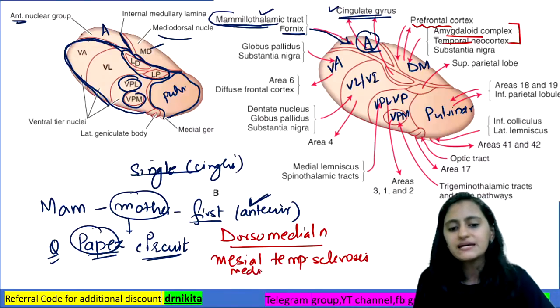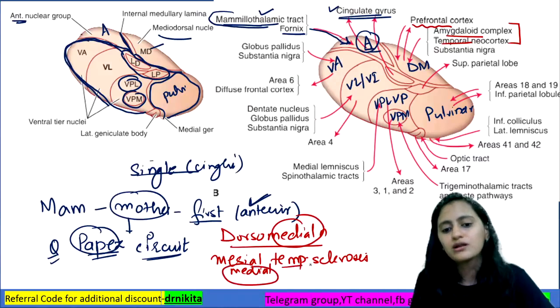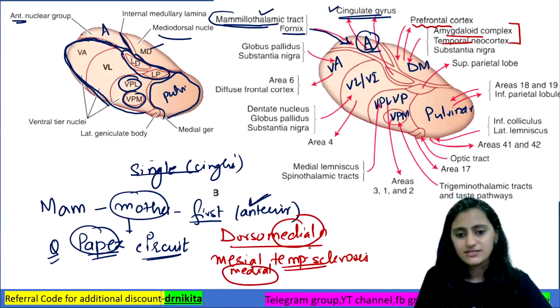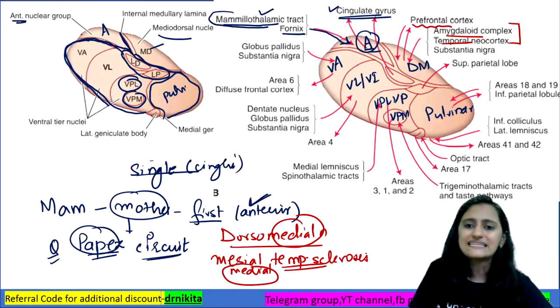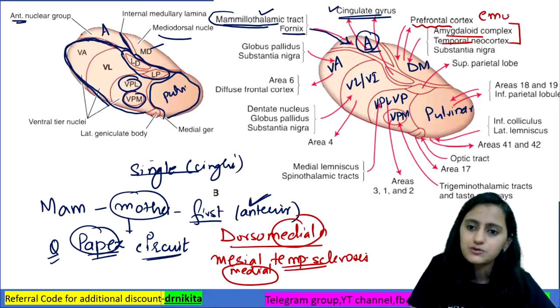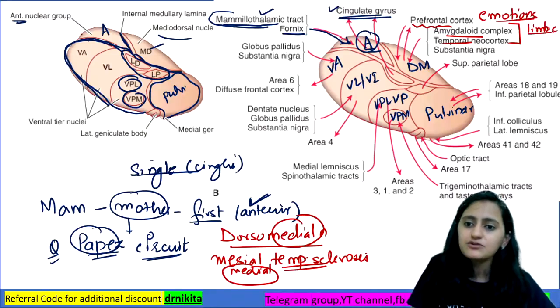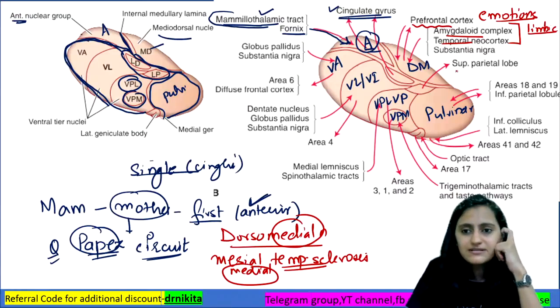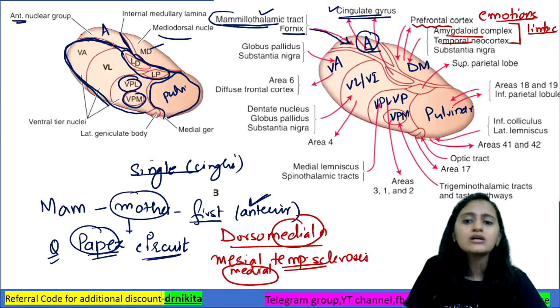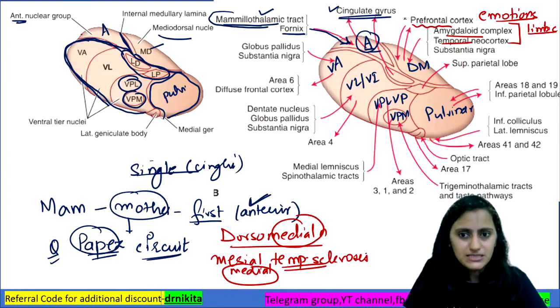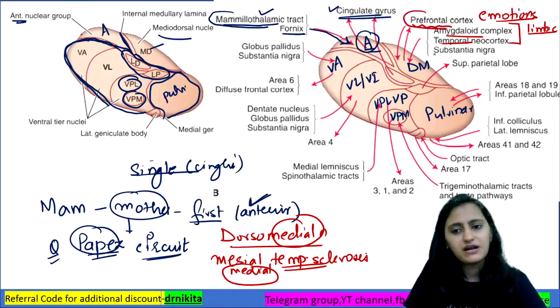Medial means the temporal lobe, that is medial temporal sclerosis. We all know this medial temporal lobe and amygdala are associated with emotions or the limbic system. So if they ask which nucleus of thalamus has control on emotions or the limbic system, it is your dorsomedial nucleus, and then it goes to the prefrontal cortex.